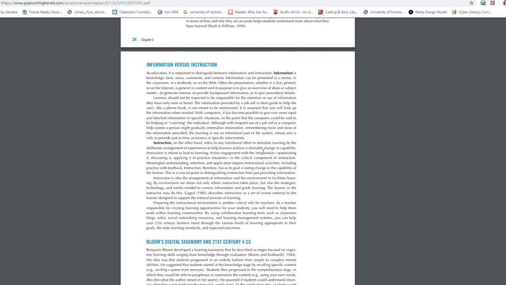Instruction, on the other hand, is an intentional effort to stimulate learning by the deliberate arrangement of experiences that help the learners really achieve a desirable change in capability.